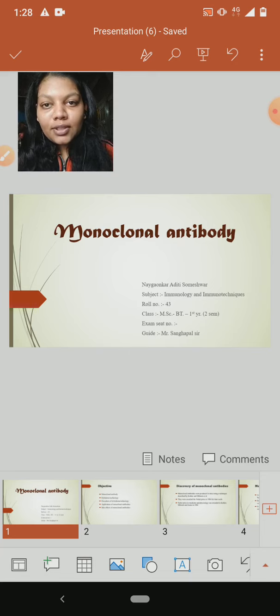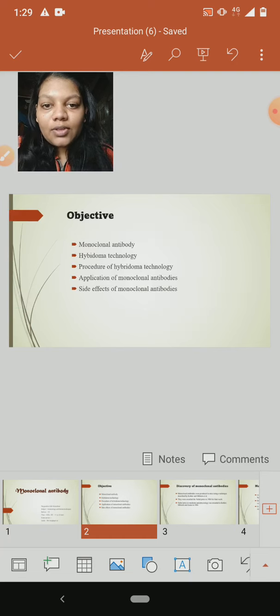In that, I will take 5-6 main points. Firstly, the objective, then hybridoma technology, procedure of hybridoma technology, application of monoclonal antibodies, and side effects of monoclonal antibody.